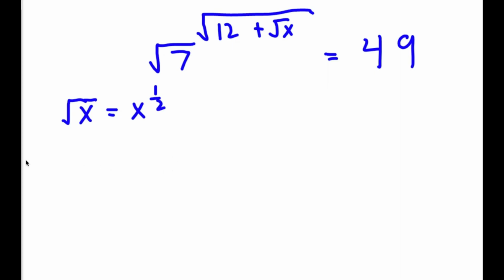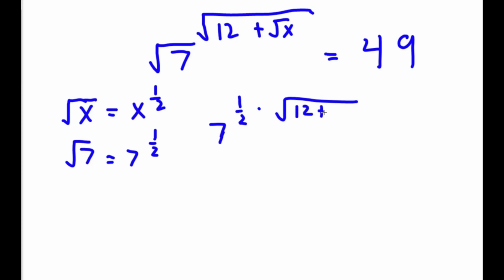So the square root of 7 is equal to 7 to the power of 1/2. So now if I replace the square root of 7, I get 7 to the power of 1/2 times the square root of 12 plus root x is equal to 49.